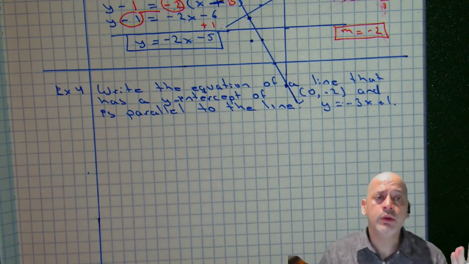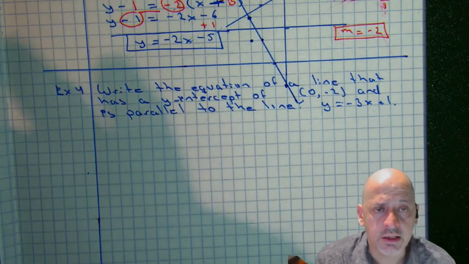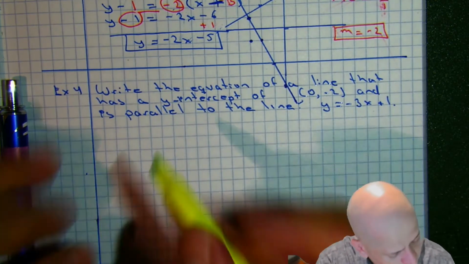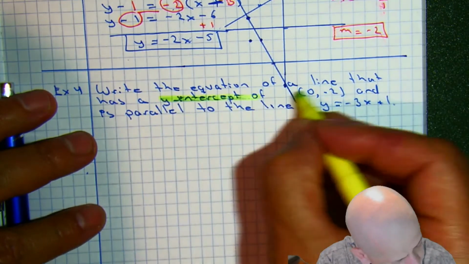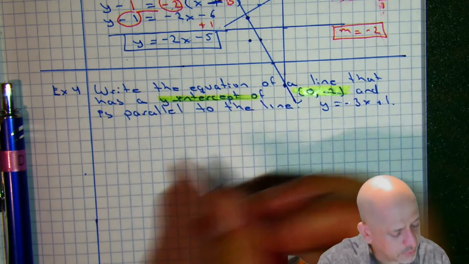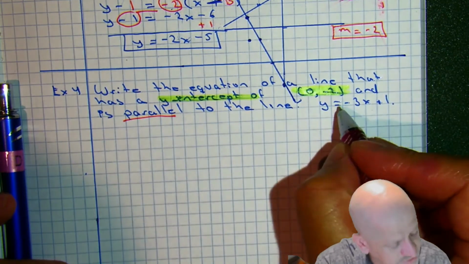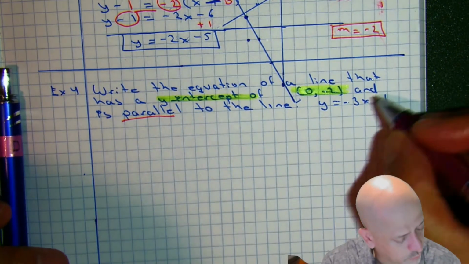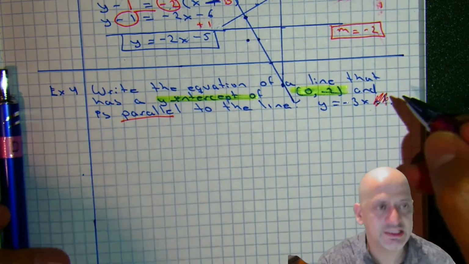So now we need to find the equation of a line. They tell us that it has a y-intercept of 0 and -2. And we know that's parallel to this line. Remember that whenever they give you something that's parallel or perpendicular, we can't get rid of this number. It really doesn't help us.